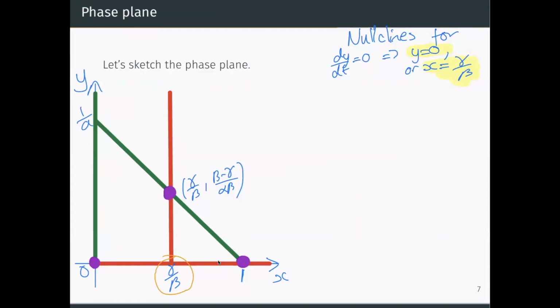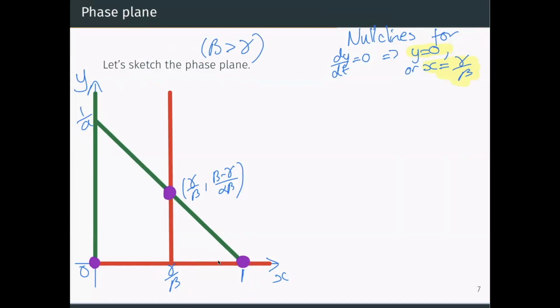If beta is less than gamma, this red null line is going to be on the right-hand side of the value 1, greater than 1, and therefore there's no intersection between the red vertical null line and the diagonal green null line in the positive quadrant. So that's how I know, assuming you're sketching this for beta greater than gamma. There are two versions of this phase plane: one where beta is greater than gamma and one where beta is less than gamma.